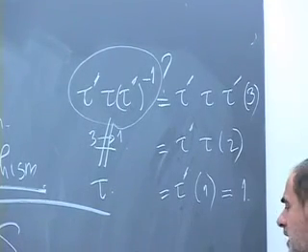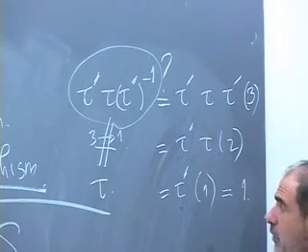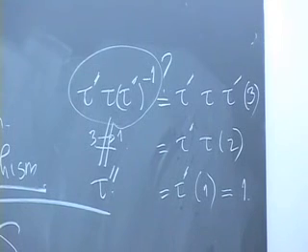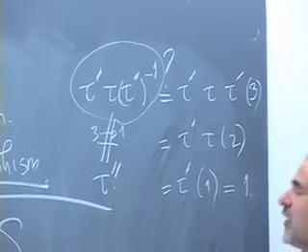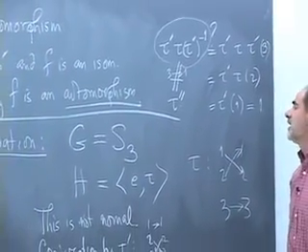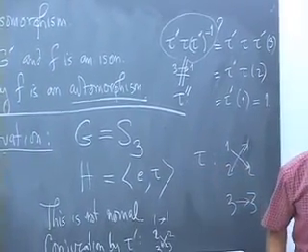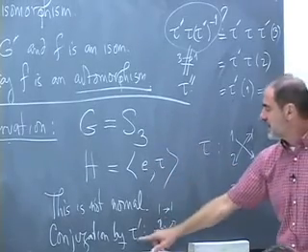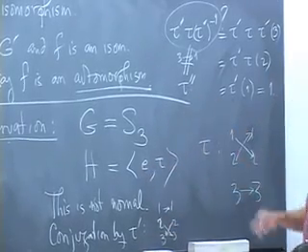In fact, it's the other transposition. It's in fact equal to tau double prime. One can figure that out pretty easily. Well, this has to be conjugated into a subgroup, and there are only 3 subgroups of order 2 in this group, generated by e and tau, generated by e and tau prime, and generated by e and tau double prime.